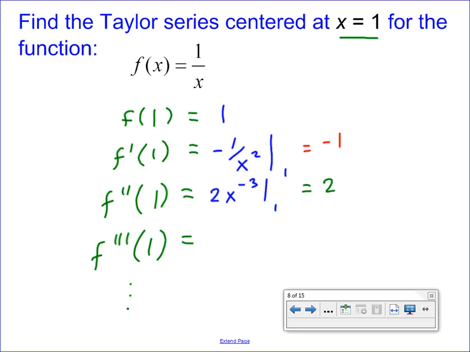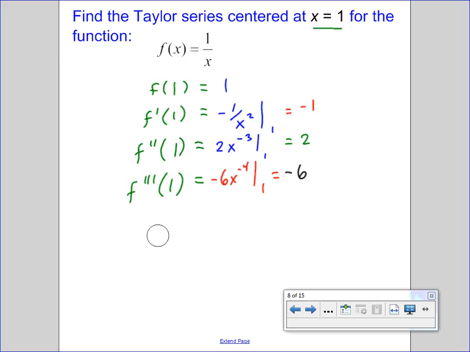So now I'm going to leave it here as this direct power function. It's going to be way easier to do derivatives now. This looks like negative 6 x to the negative 4. Evaluate at x equals 1, it's negative 6. Well, looks like I'm going to have to do a little bit more.